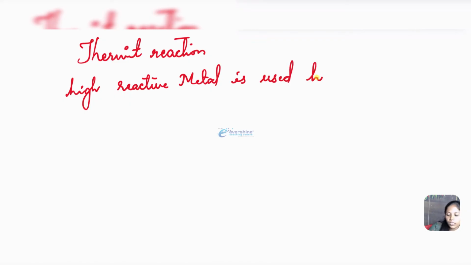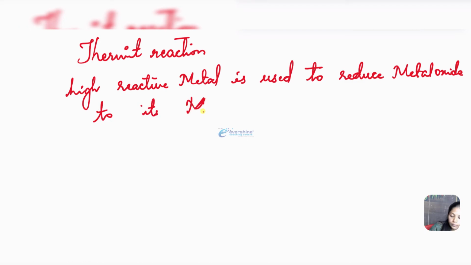In the thermite reaction, a highly reactive metal is used to reduce a metal oxide to its metal. Reducing metal oxides to metal by using one highly reactive metal is called a thermite reaction.